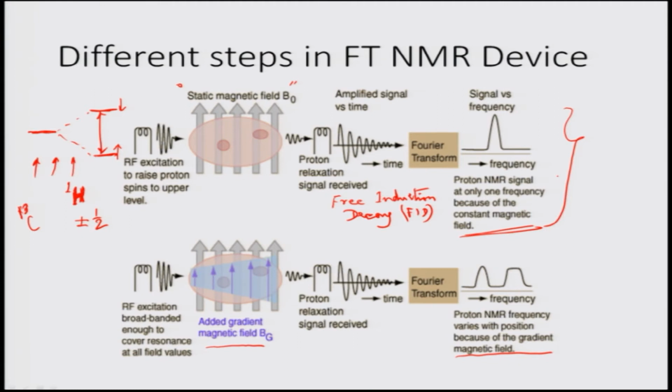Once the principle is understood, it is possible to understand that different molecules can have protons, for instance, under different environments because the electron clouds around them are different.